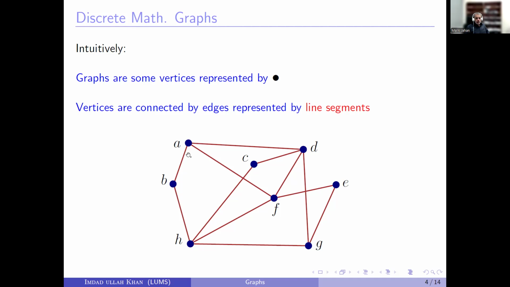Most of the time, we assign some names to the vertices so that we can distinguish one vertex from the other, and it helps us to refer to a particular vertex. Edges can be named separately, but once the vertices have been named, we can treat a pair of vertices as a possible edge. For example, if you look at the red line, AD is an edge, where A and D are separate vertices.